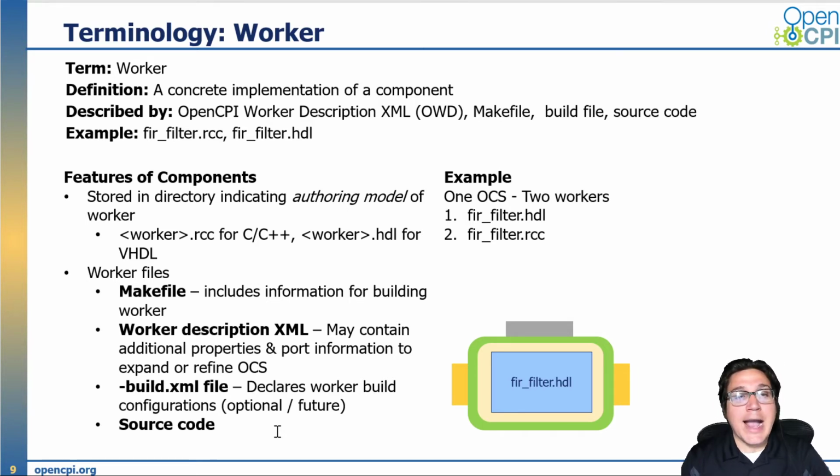And the outputs when you use the ocpidev command to build it, in all of the authoring models, you'll generate an artifact, and that artifact is a binary file that contains, in the RCC sense, a shared object, and then the VHDL would be, in the worker's stage, an EDIF netlist, because we use incremental compilation with our FPGA development.